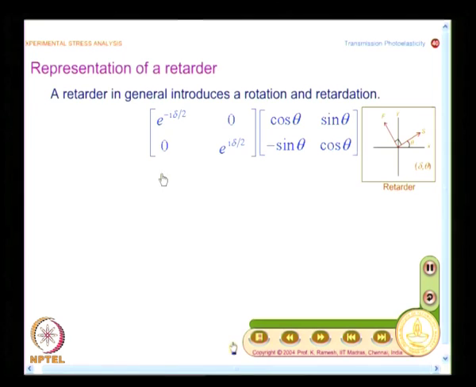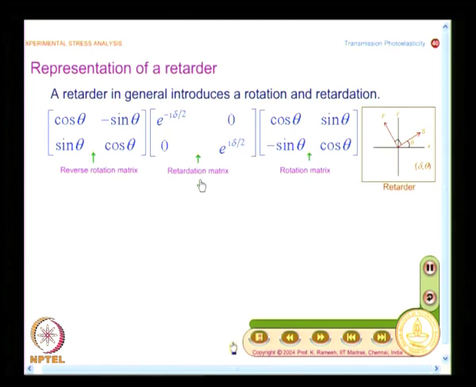So, now I will also have a reverse rotation matrix. I have a rotation matrix as light hits the retarder. Within the retarder it introduces a retardation, and whatever modification has been done by the model, I want to refer it back to the original reference axis as x, y.